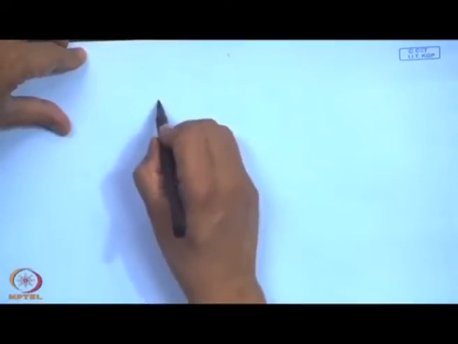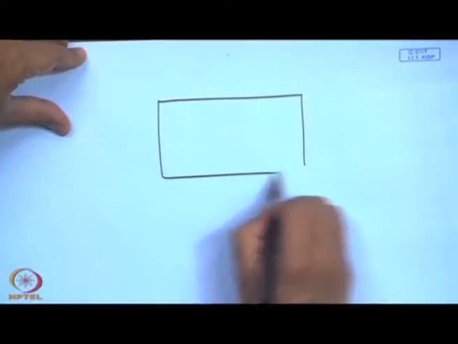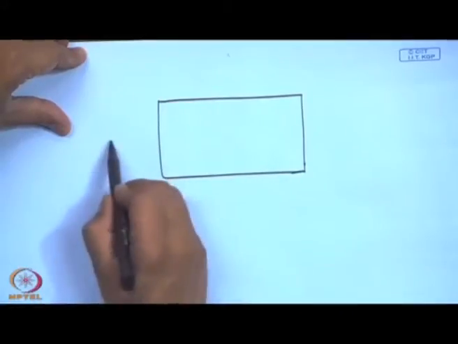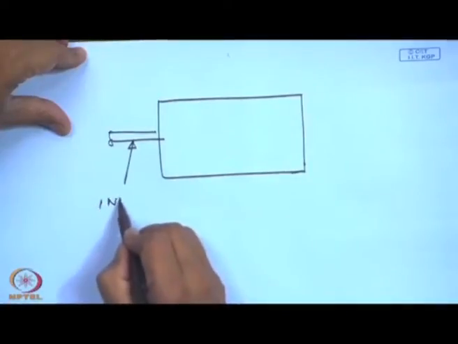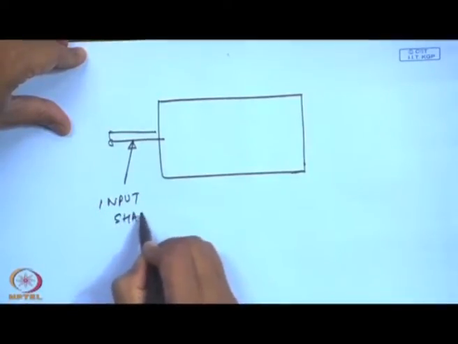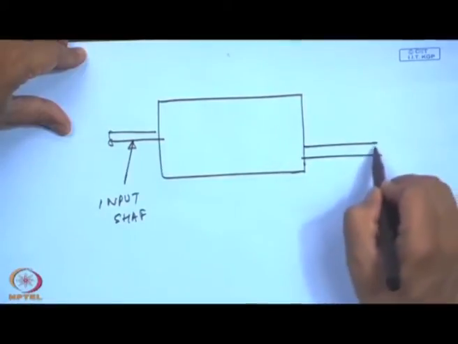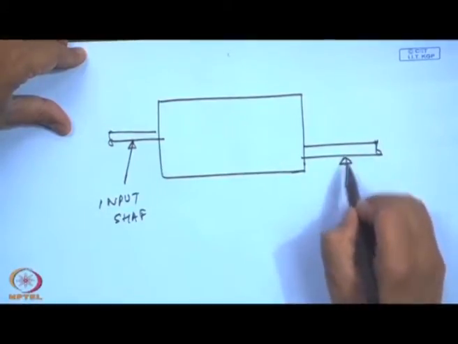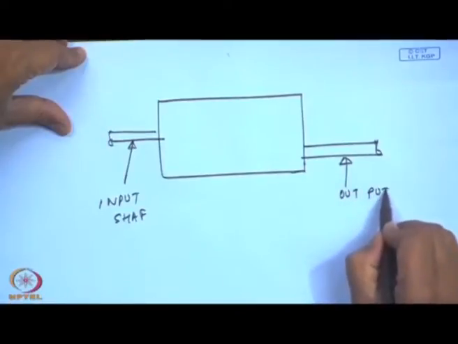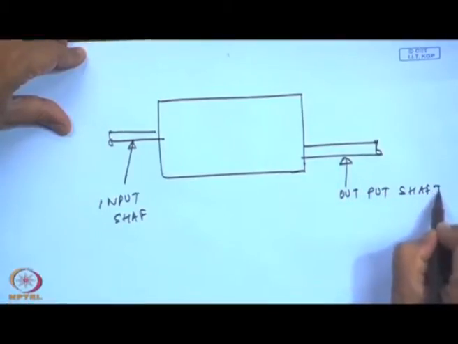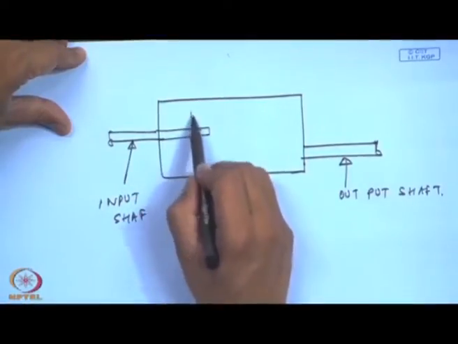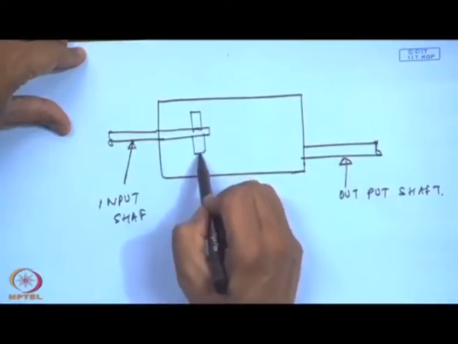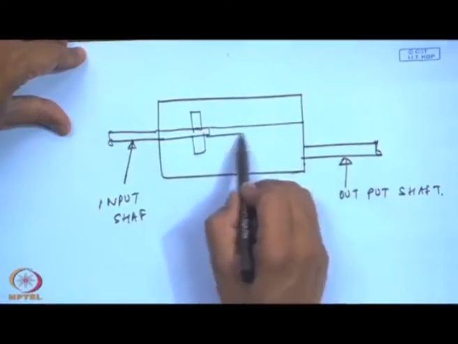So, if you look at a gearbox, I have an input shaft and then I have an output shaft, and on these shafts there are gears mounted, and these shafts of course will not be in the air.